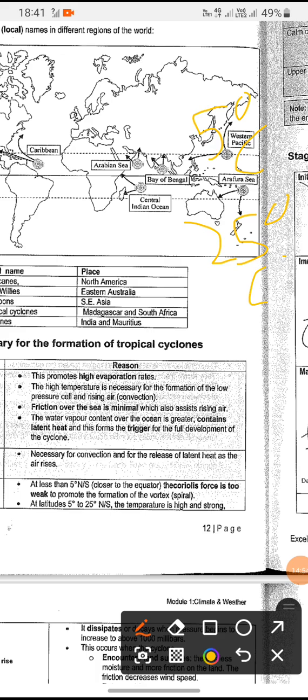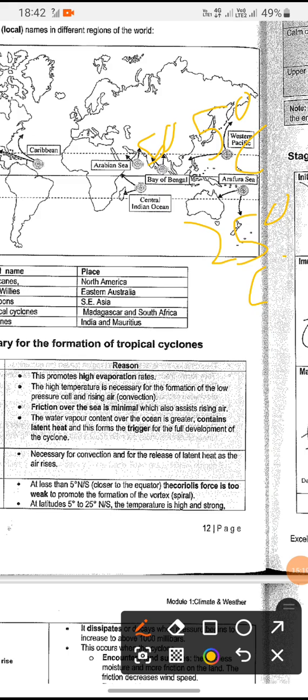That's where the tropical cyclone stands. This is because the Coriolis force starts above 5 degrees north and south latitude from the equator.